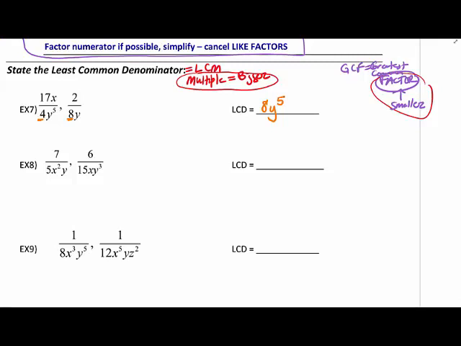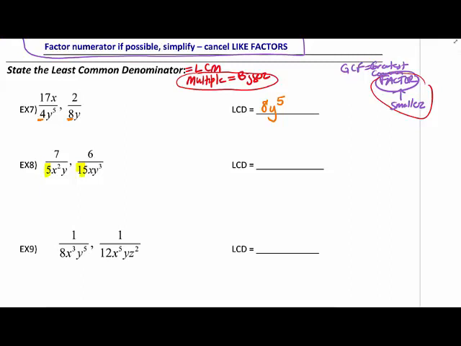So be careful. You've done this before when we dealt with fractions. Now we're adding variables into it, but we're still taking, if I had the number 2 5 times, we would look for the maximum number. Same thing for the variables. So now looking at number 8, I'm going to break it up. We're going to start off first looking at 5 and 15 since these are monomials.